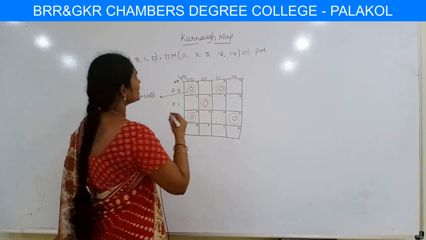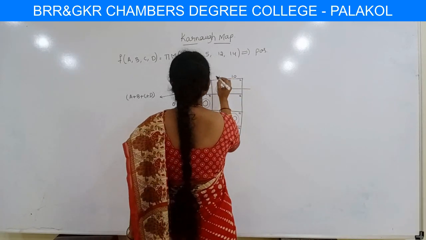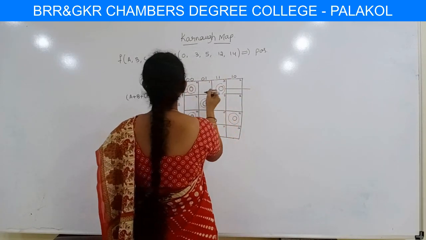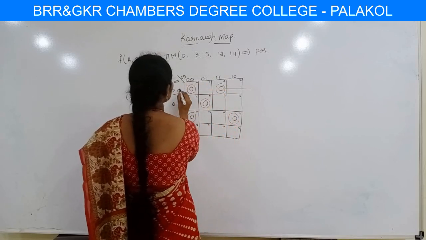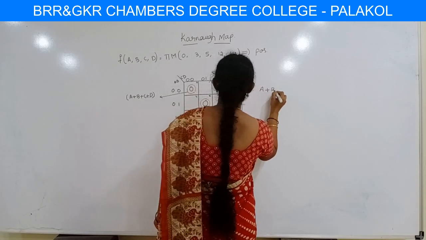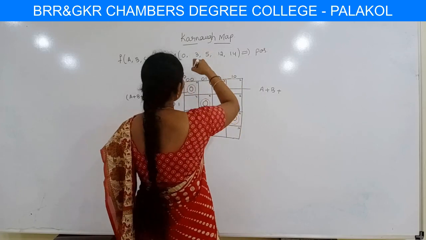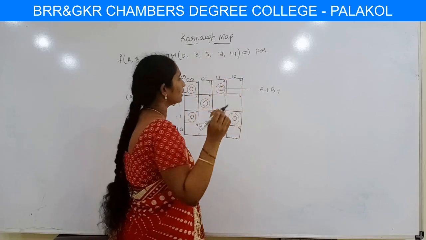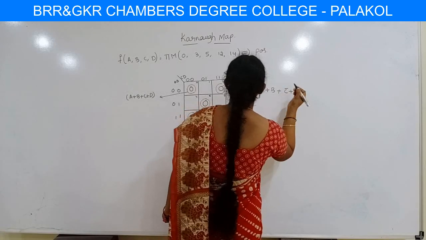Another loop: the corresponding numbers are 0, 0, which is A plus B, and then 1, 1, which in POS form we represent with bars, so C bar plus D bar.